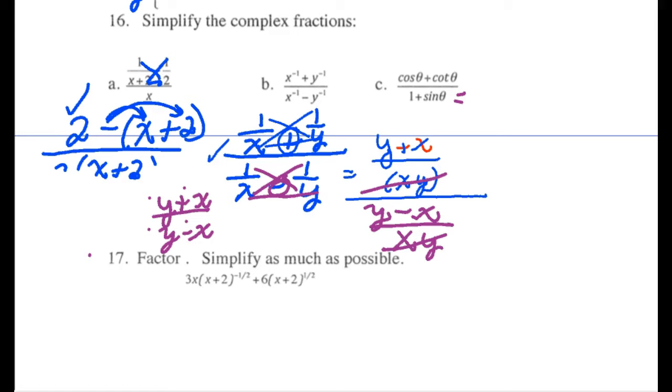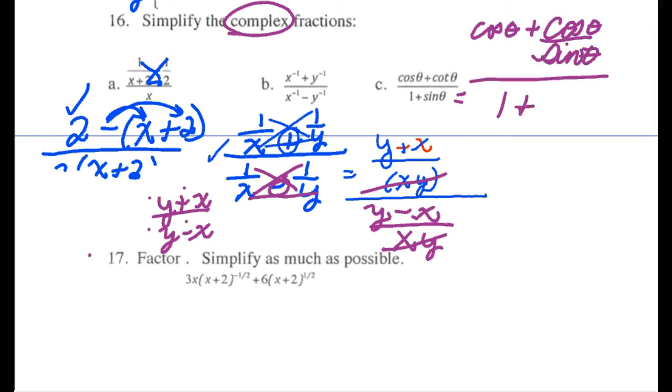So, trig doesn't look like a complex fraction, but that's because cotangent needs to get rewritten. So we say cosine of theta plus cotangent, which is cosine over sine, all over 1 plus sine. So now I do have that complex fraction, or that fraction within a fraction.